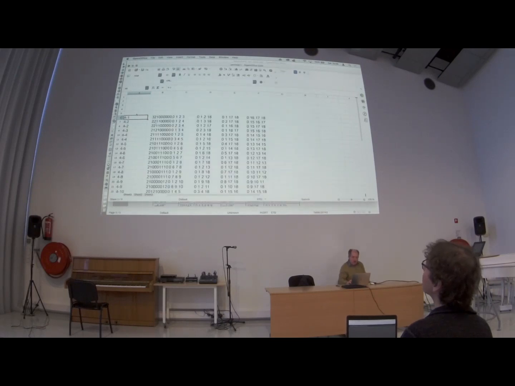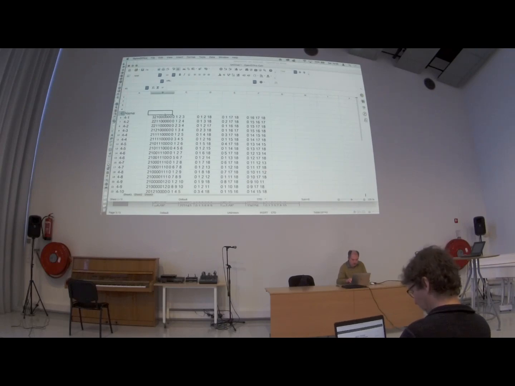Then we have the name, the interval vector, the prime form, and then the first rotation, second and third rotation, and that's all.